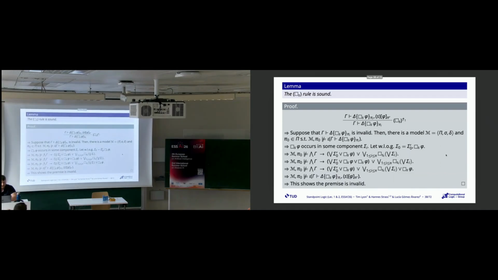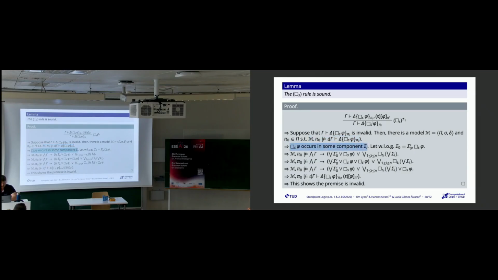All right, let's go about and prove this rule sound so you can see why it makes sense. Again, the setup is the same as before. We assume that the conclusion is invalid, which implies the existence of a model and a precisification, such that the formula interpretation of the conclusion is false on M at pi naught. And again, we have a case distinction that arises.